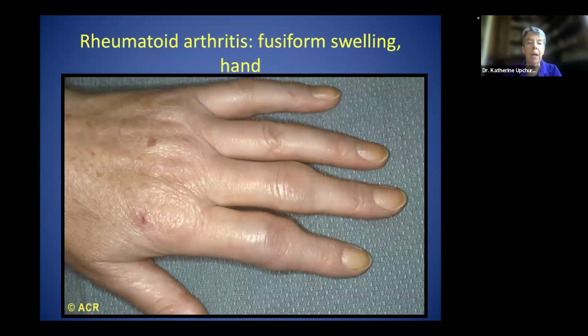Now, this is in striking contrast to a patient with rheumatoid arthritis, in which you often see fusiform swelling. And if you kind of shut your eyes and imagine what these joints feel like, they feel squishy. That's the best way I can describe it. And that's what they look like too. But notice there's no involvement in the DIP joints here.